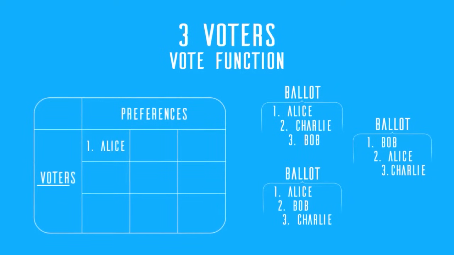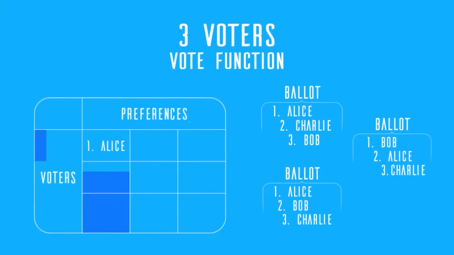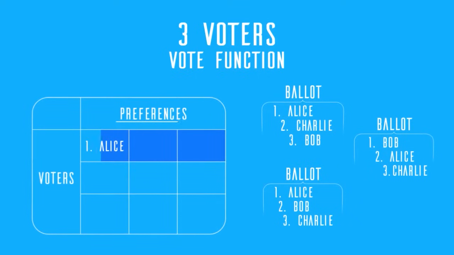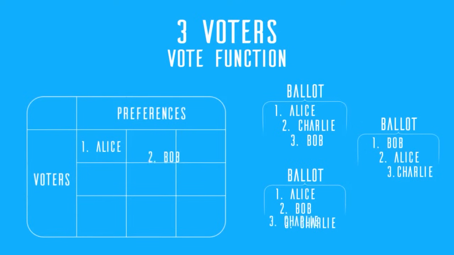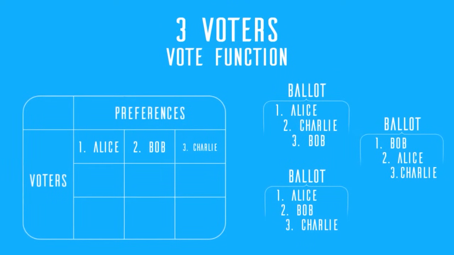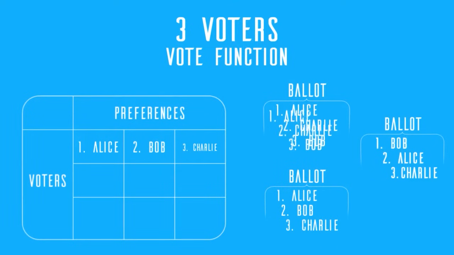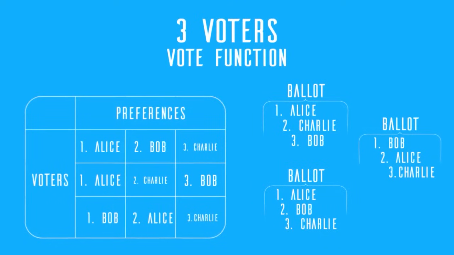So Alice is in the first rank, so it's going to be in the first position of the first voter in the preferences matrix, all right? Then the second rank is Bob, so we're adding Bob here, then Charlie, and we're adding Charlie here, all right? So this is kind of the goal, and we're gonna start populating the preferences matrix, okay?